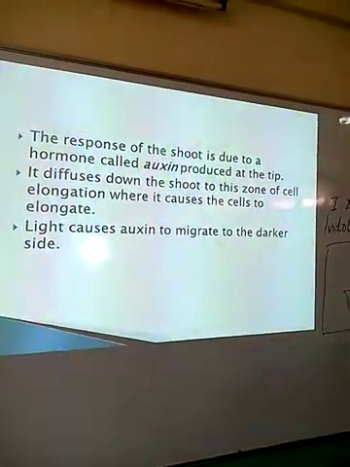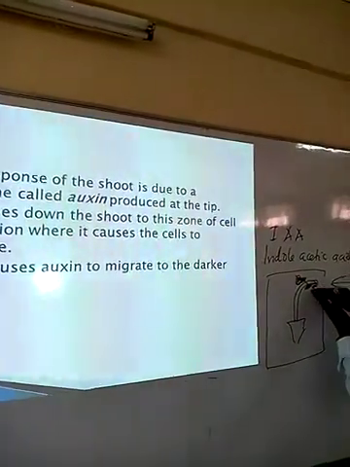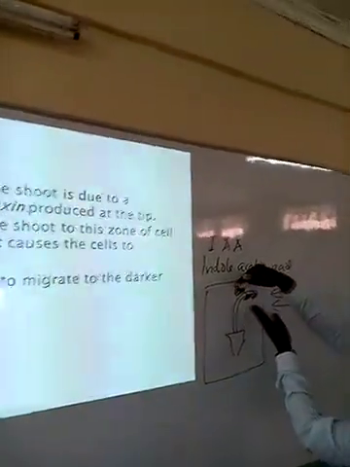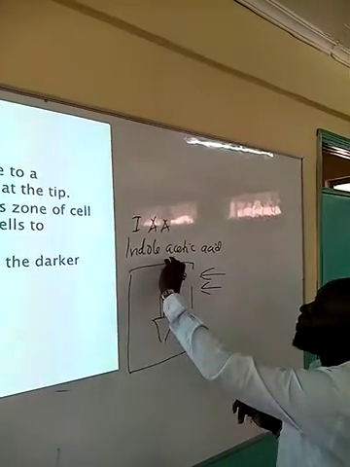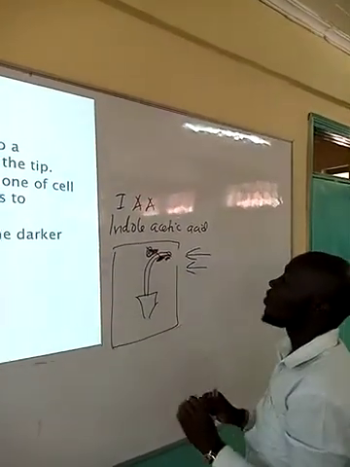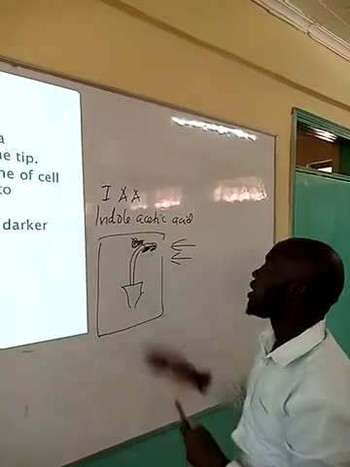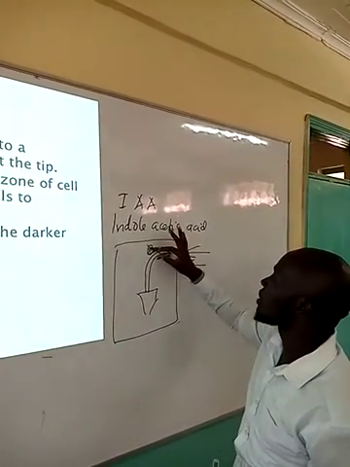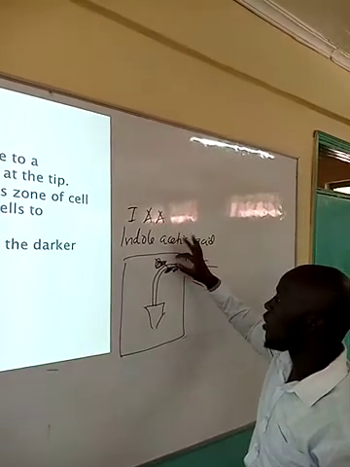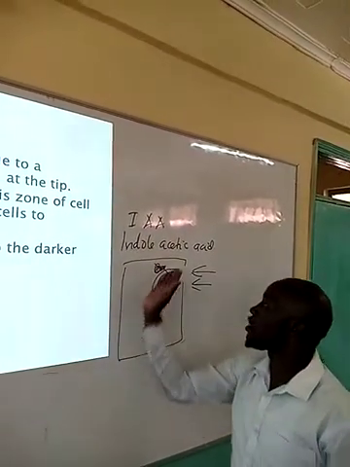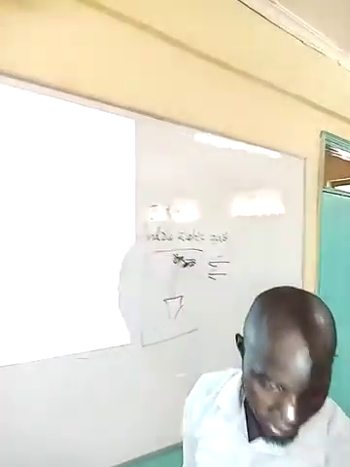When light is shone on the tip, it causes the auxins to move to the darker side. The darker side now has a higher concentration of auxins than the lit side. That high concentration causes that side to have faster cell elongation than the lit side. Hence, the tip curves towards the light.